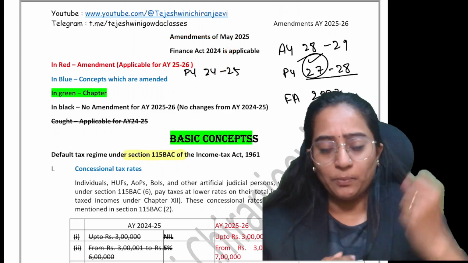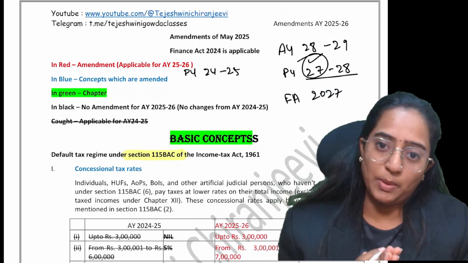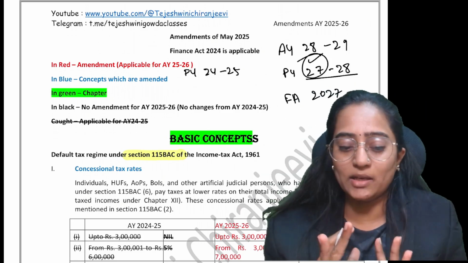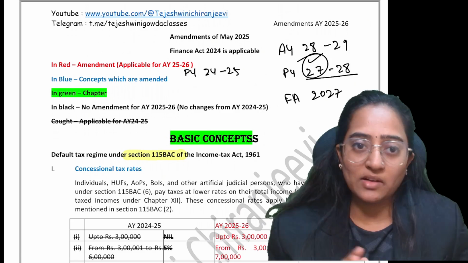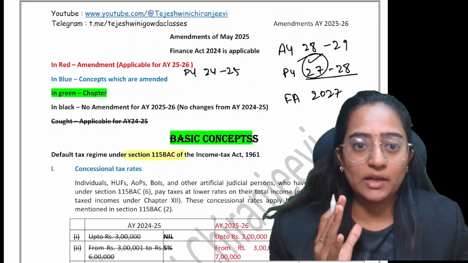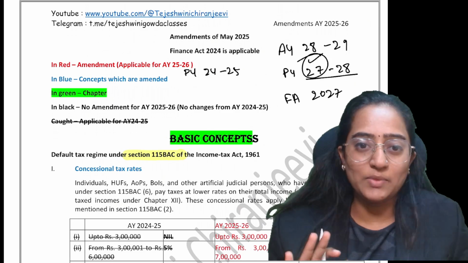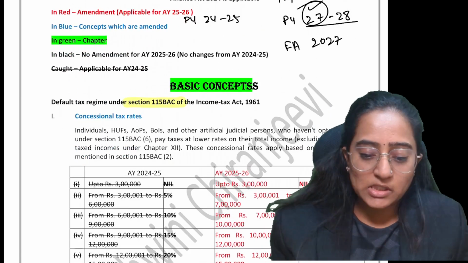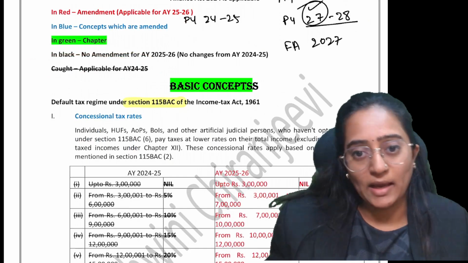Clear? Now, how this amendment material is prepared and how you can get a grip on it: whichever amendment is there has been recorded in red. Whichever amendment concepts are there have been recorded in blue. The highlights of the concepts are recorded in green. That's it, nothing else. Whatever is caught like this is for PY 24-25.